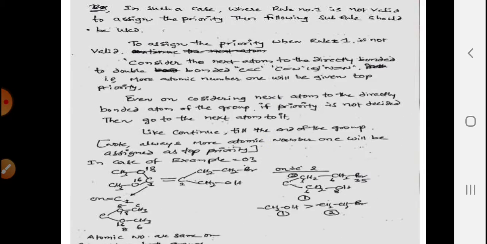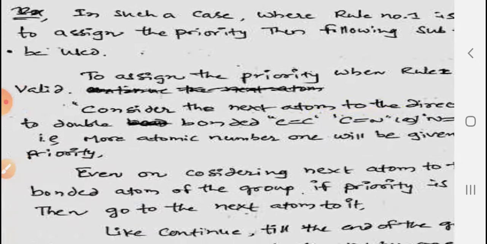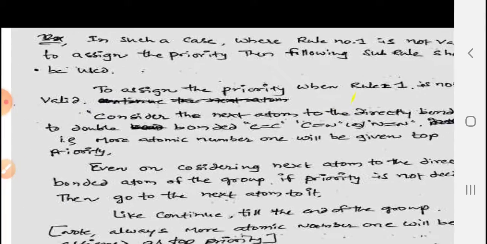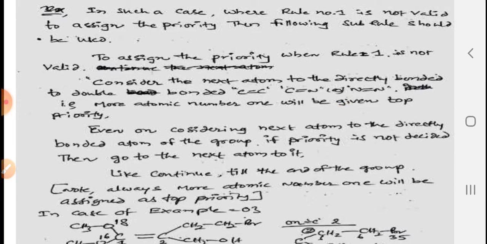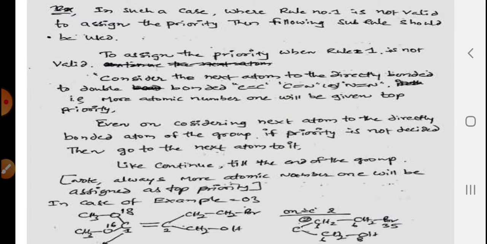For this, in such a case where rule number 1 is not valid to assign the priority, the following subrules should be used. What are the subrules? To assign the priority when rule number 1 is not valid, consider the next atom after the directly bonded one, as in C double bond C, N double bond N, etc. If the next atom has a higher atomic number, it should be given top priority.